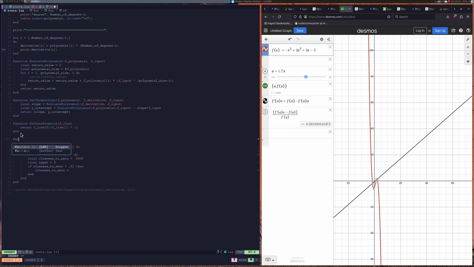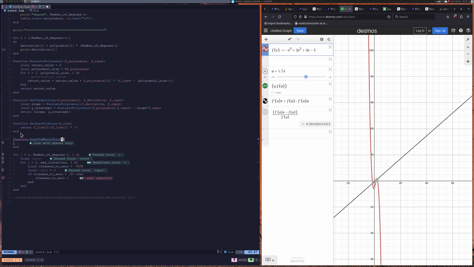Let's make another function. Function does the whole thing. Alright, and first it takes the polynomials. Yeah, I don't really need to do that.